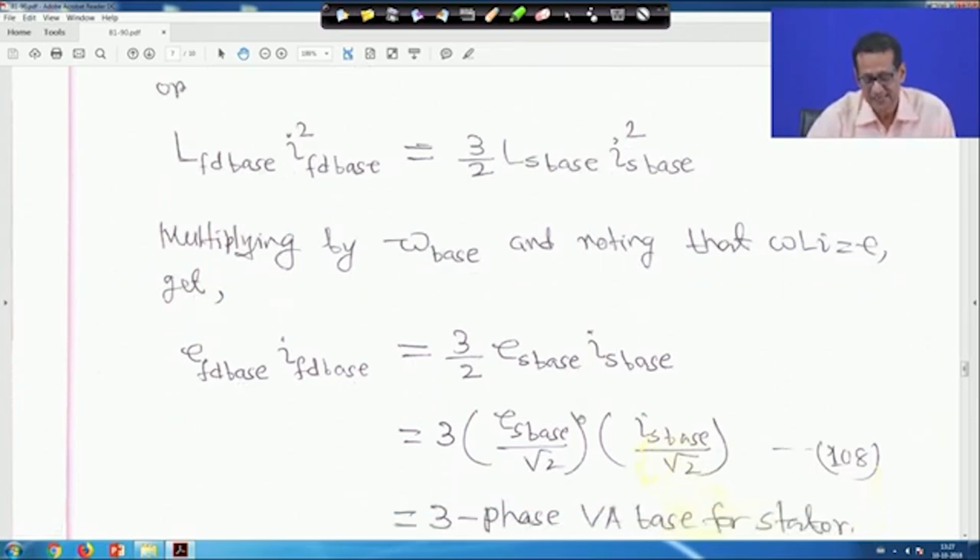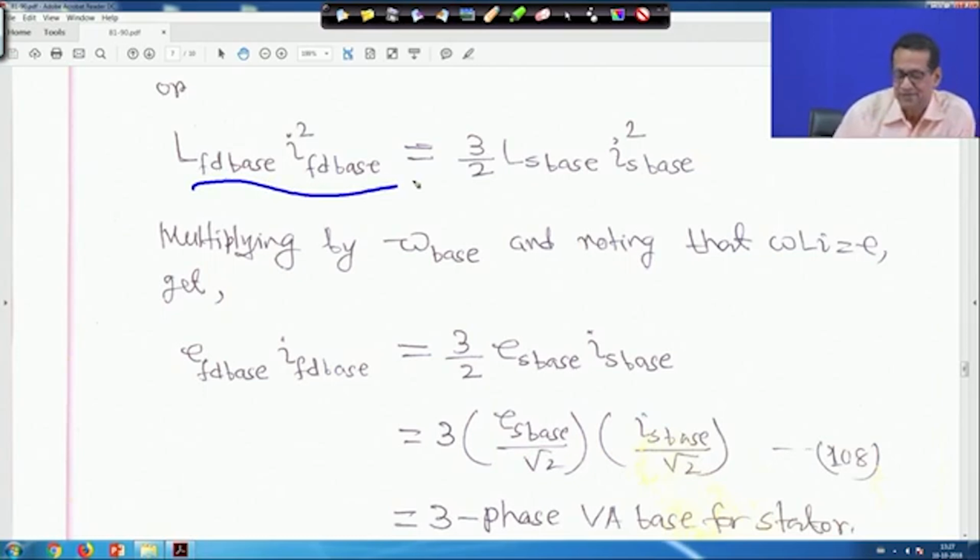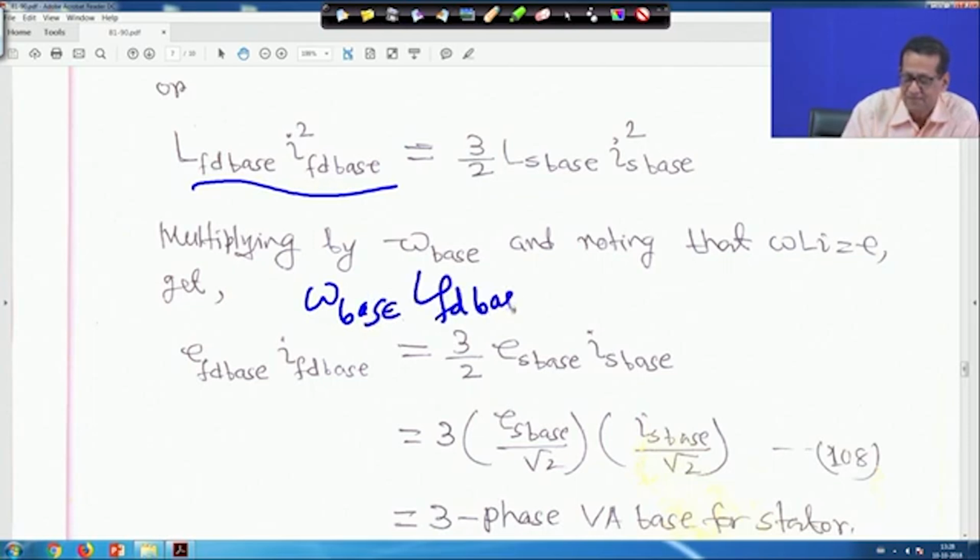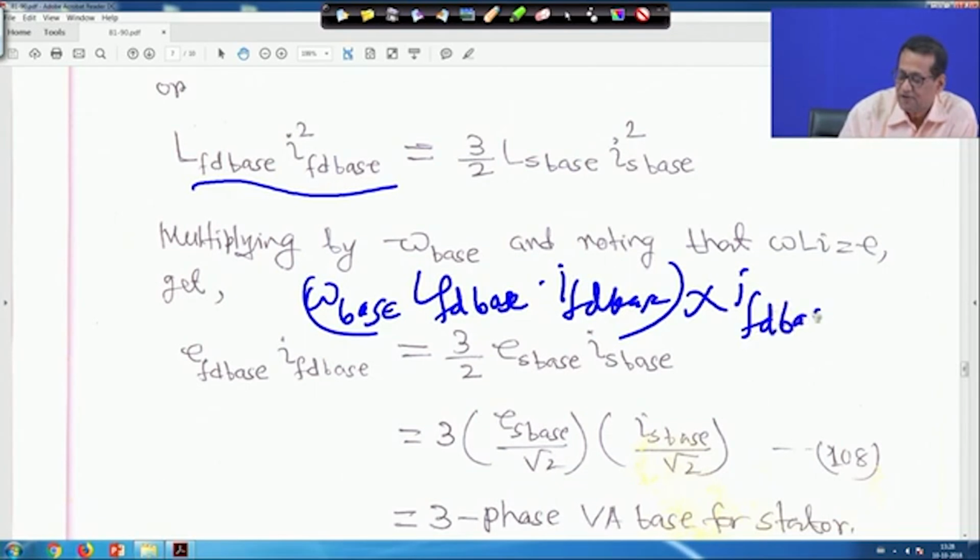Similarly, the right hand side will be 3 by 2 ES base into IS base. I am writing only the left hand side; the right hand side you can get similarly. It is omega base, then LFD base, then IFD base square, so into IFD base.